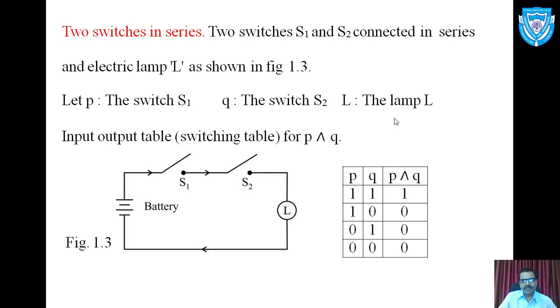Now move to the second row in the column. Simple statement P possesses truth value 1 means switch S1 is in the on state. Simple statement Q having truth value 0 means switch S2 is in the off state. Now whenever S1 is on, S2 is off, of course, current cannot reach from battery to lamp and lamp does not glow. Lamp does not glow means what?